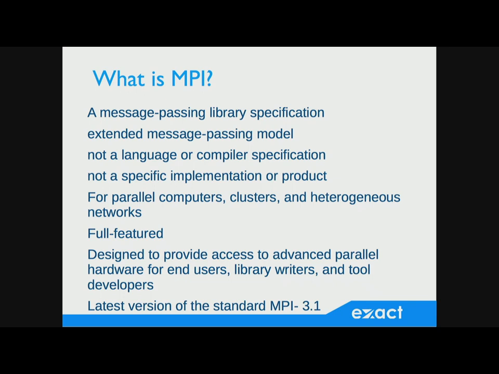It became a standard, but it's not a language or compiler specification, so you can have an MPI implementation in any language and using any compiler. It was thought for parallel computers, for clusters, for heterogeneous networks. It's fully featured and designed to provide access to advanced parallel hardware for end users, library writers, and tool developers.